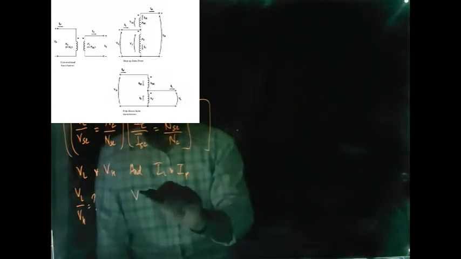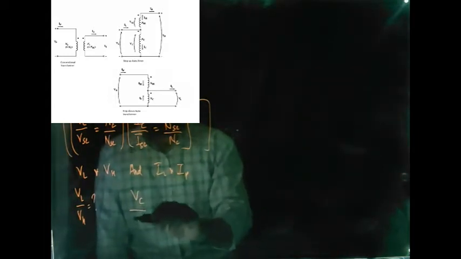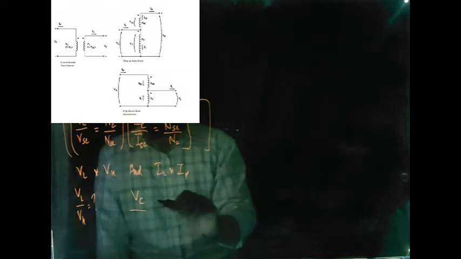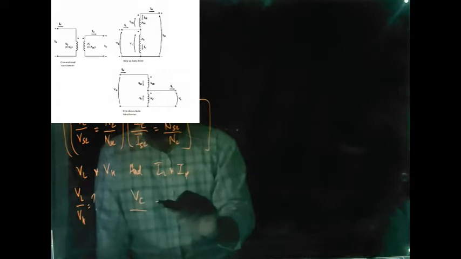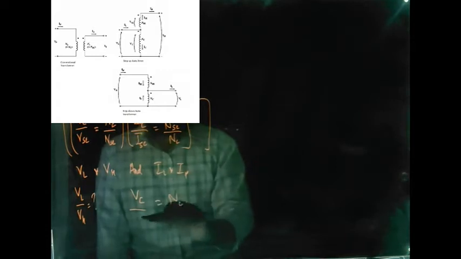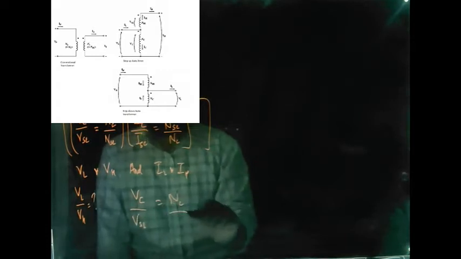Now, from these two equations, we know VC divided by VSC is equal to NC divided by NSC.